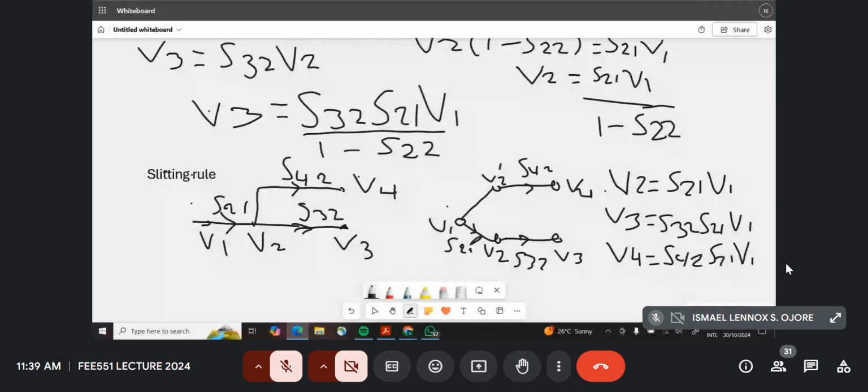So basically, those four rules will guide us in solving problems using the signal flow graphs.